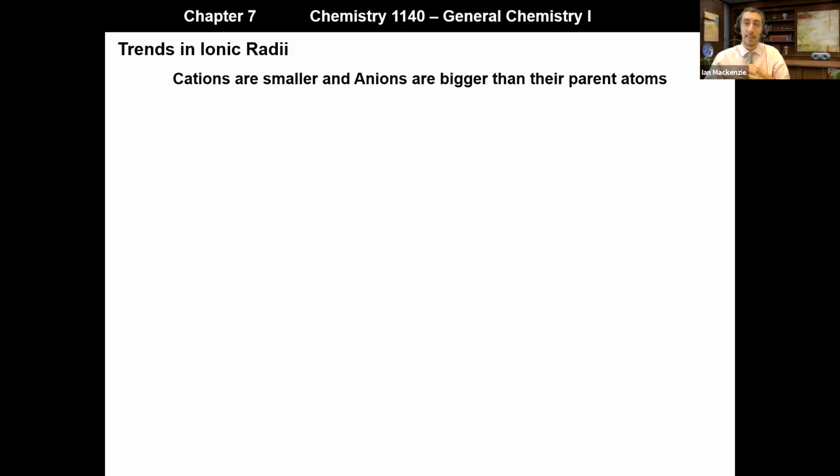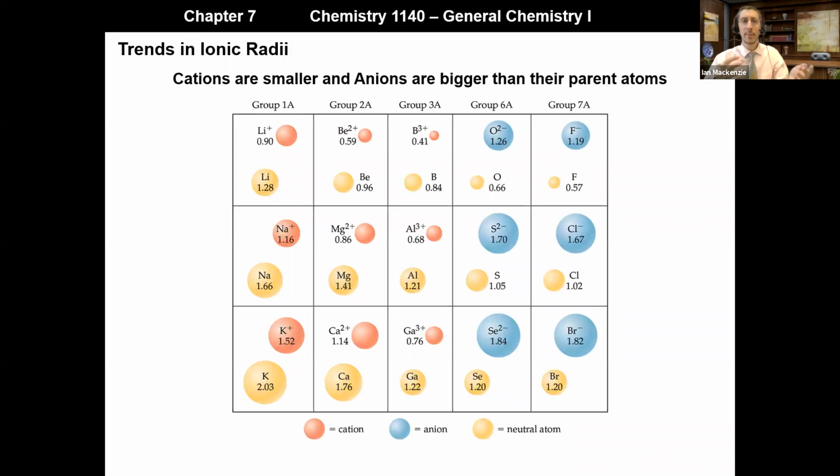Well, as I said, valence electrons actually do shield each other a little bit. And so if we have more valence electrons, then there's a little bit more shielding. So the effective nuclear charge goes down slightly, and thus the valence electrons are not held as tightly. So the distance is larger. We can look at that here just as comparisons.